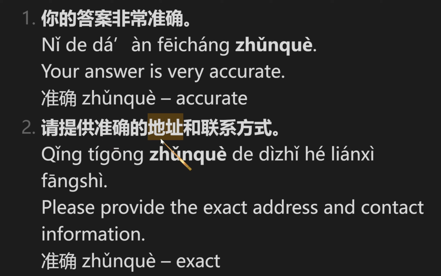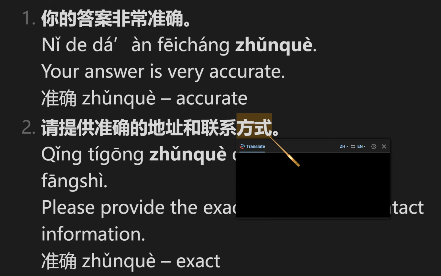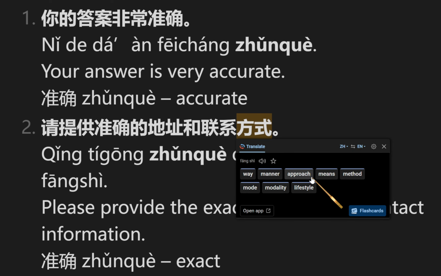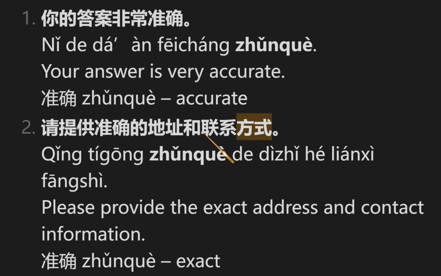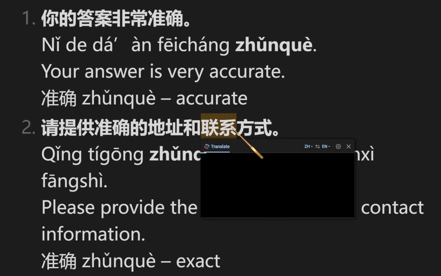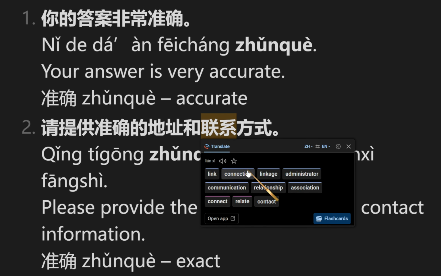准确的地址和联系方式. 方式 is a way, manner, approach or method. And 联系, to contact, to connect, link, connection, communication, relate.